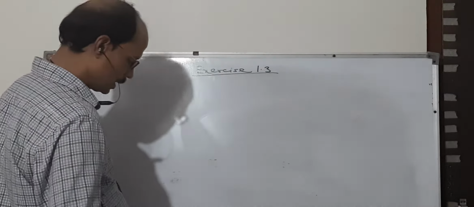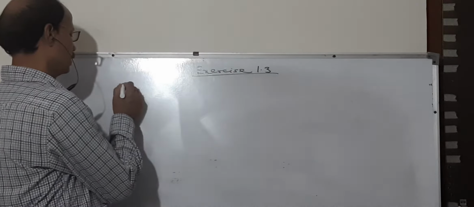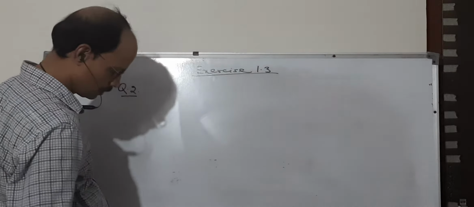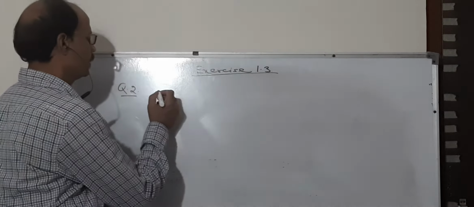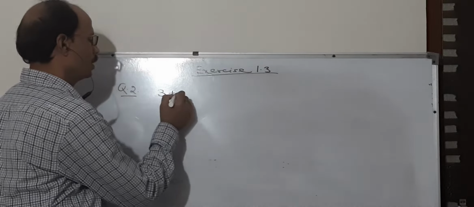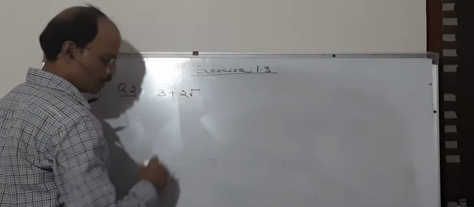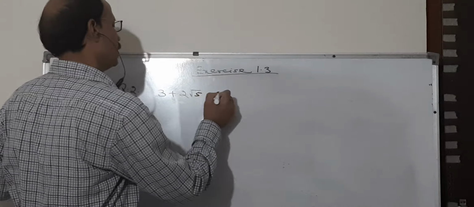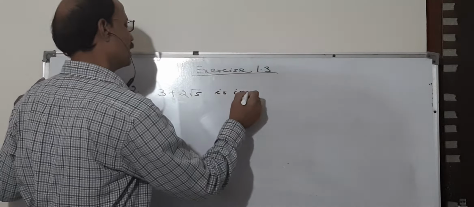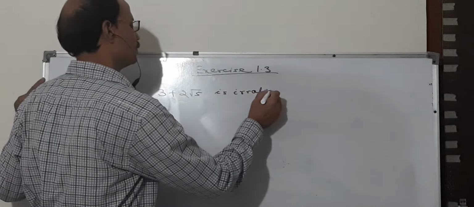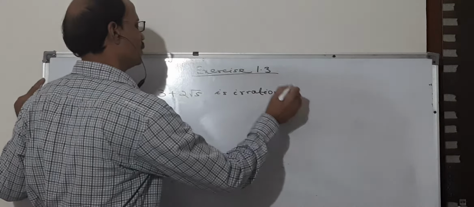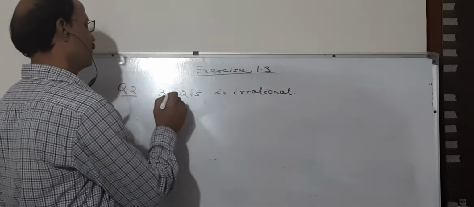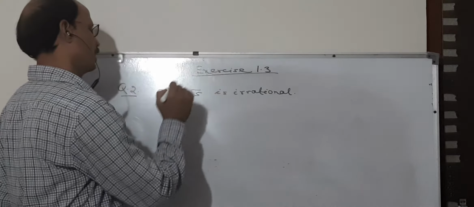Okay, so let's proceed to question number 2. In question number 2 it is given that 3 plus 2 root 5 is irrational. You have to prove that 3 plus 2 root 5 is irrational.